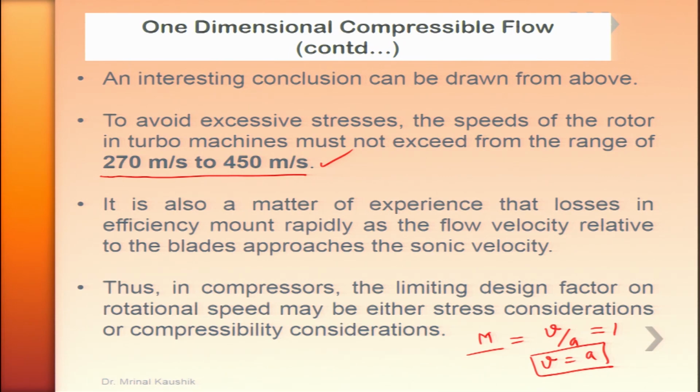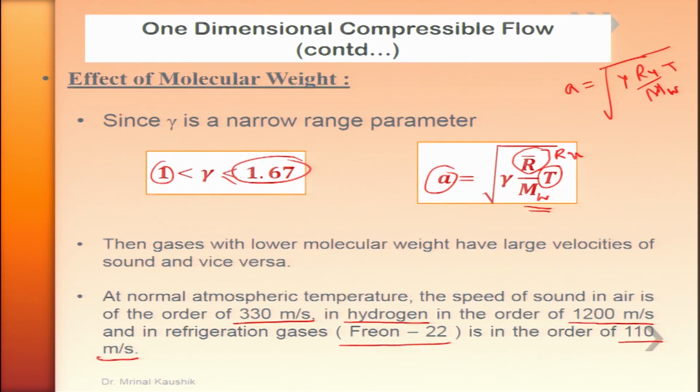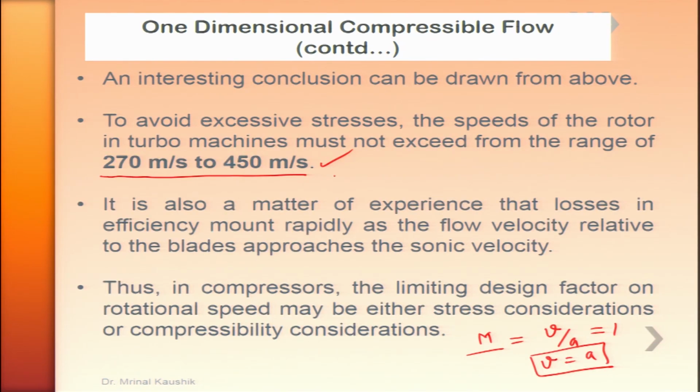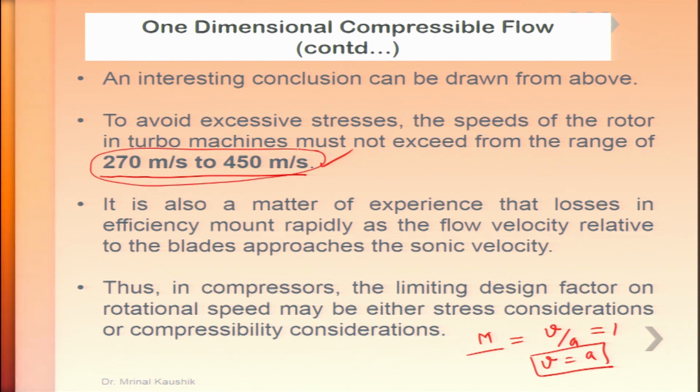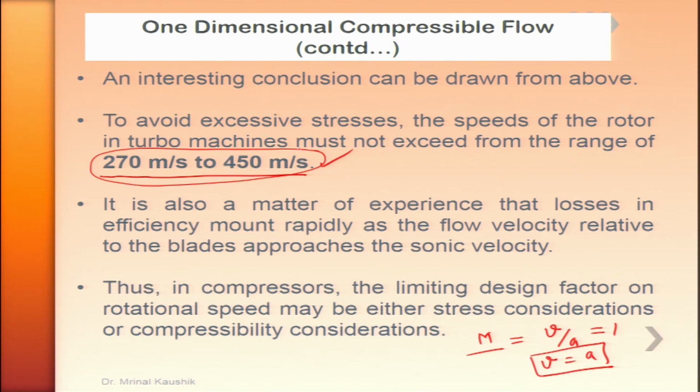However, if we are using the Freon, where the sonic speed we have just seen here is 110 meter per second, then please note, if we are moving for your compression point of view for ensuring a particular compression ratio just before the combustion chamber, then this compressibility consideration for designing of the rotor is more important than the stress consideration.